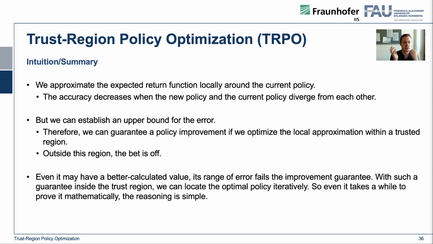However, we can establish an upper bound on this error, and hence we can guarantee a policy improvement if we optimize the local approximation within this trust region. However, if we leave this region, all bets are off, because our local approximation might not be correct.